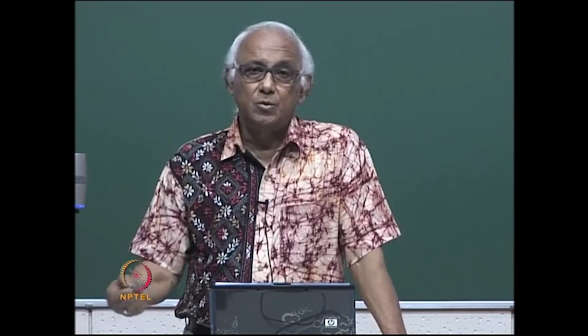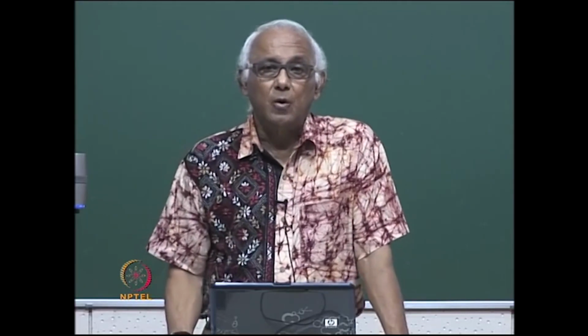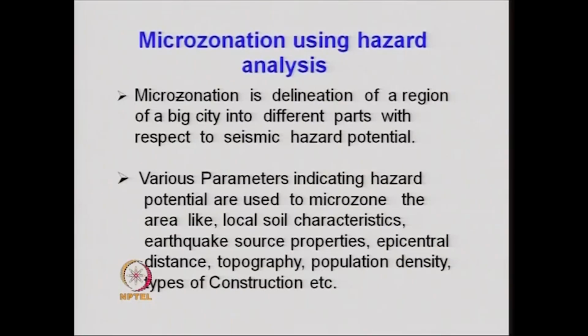If these two pieces of information are there, then one can go ahead with a safe design of structures for those regions. That is what is done in a microzonation.